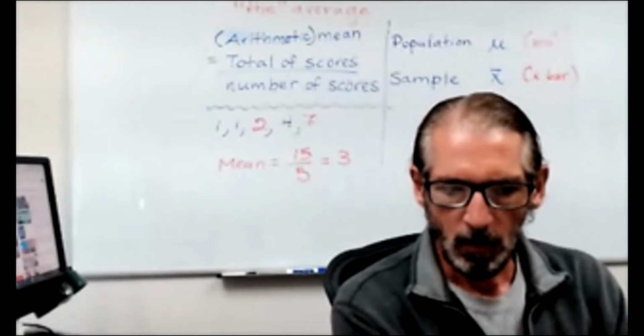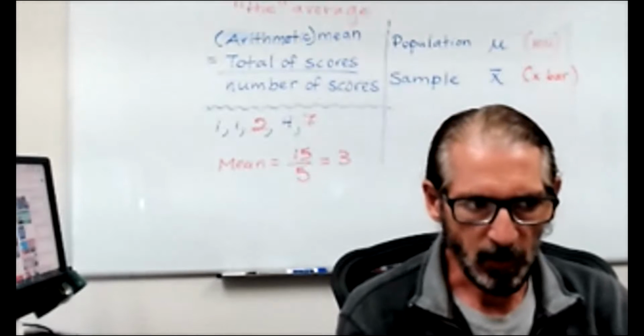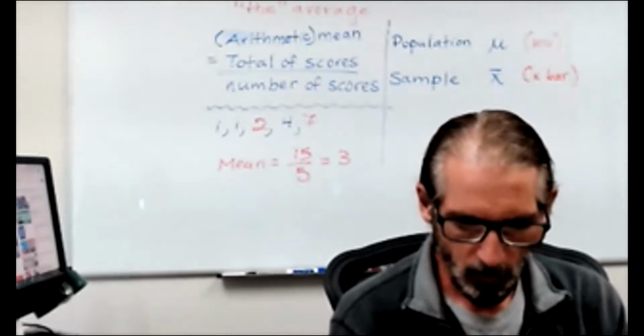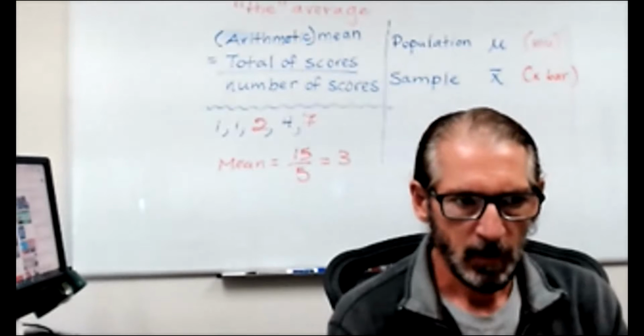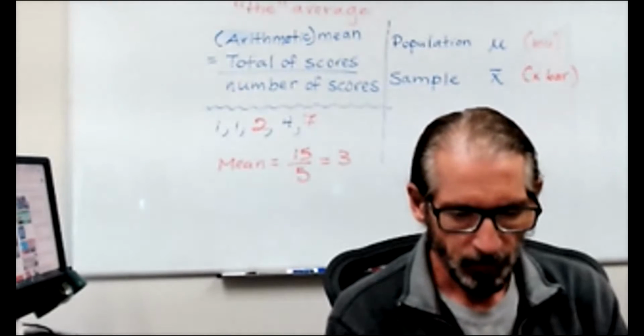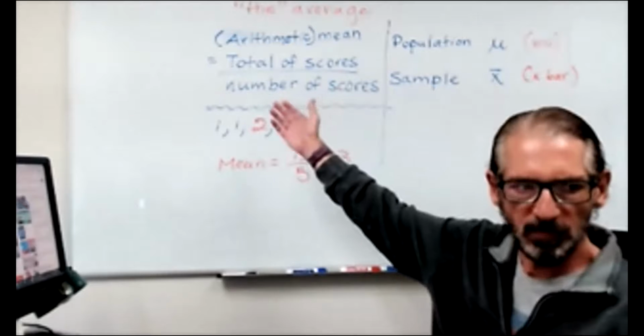However, there's another way of thinking about what mean is doing, why it's a measure of central tendency. If you think about it, that last step was division.